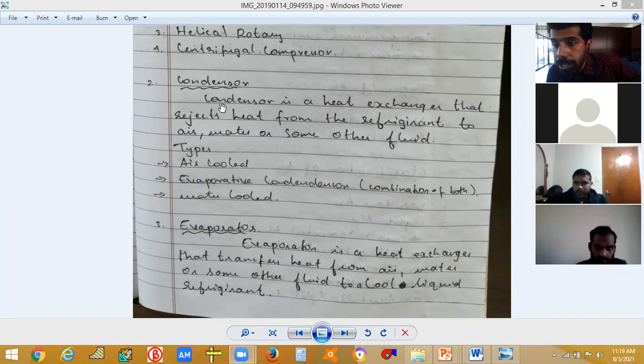I spoke yesterday about the heat pump, right? In a heat pump, both will be interchanged. This condenser will become the evaporator, and the evaporator will become the condenser. Usually, when you touch the outside of the condenser, you get hot air, right?